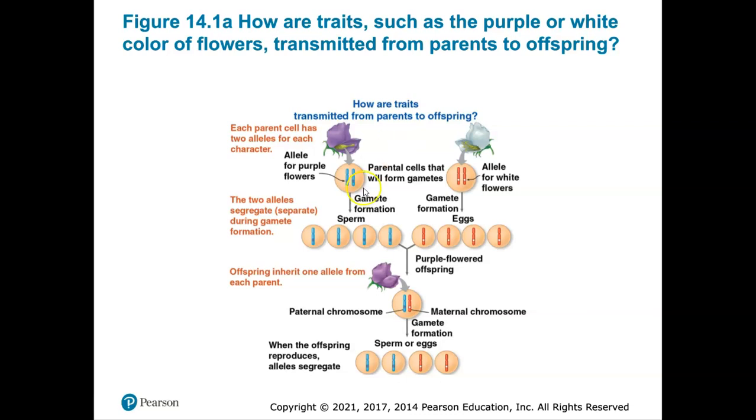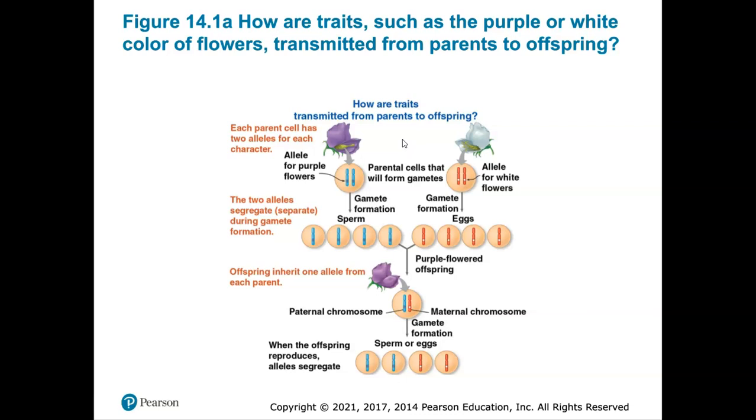So what we're looking at here is an illustration showing you, even though Gregor Mendel studied more traits than just flower color, the genetic cross that he performed with pure purple flower and pure white flower.